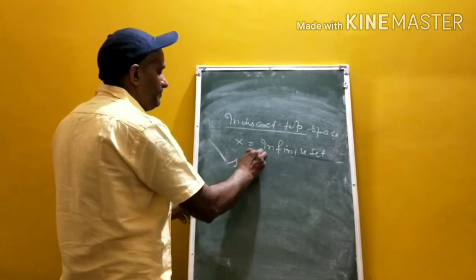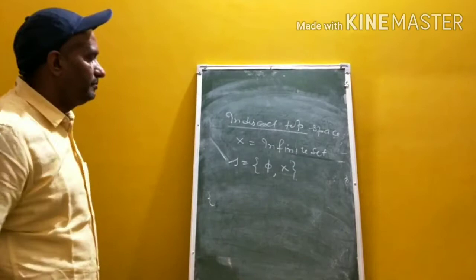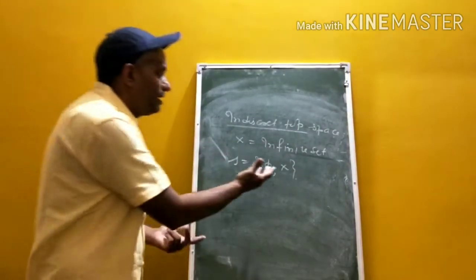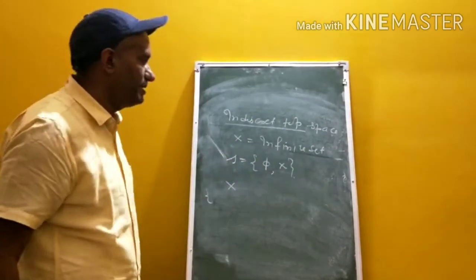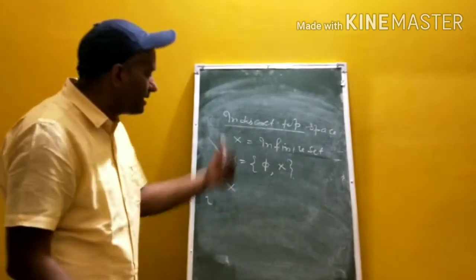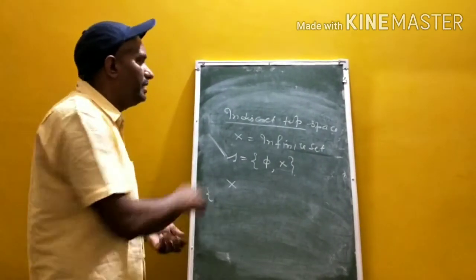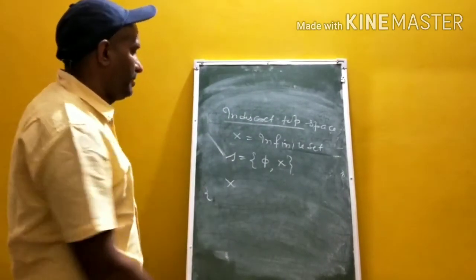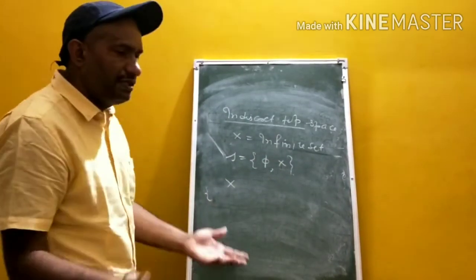Now take the topology phi and X. Now, we have only two open sets, phi and X. X is covered by only one open set, that is X, so it is a finite cover. So we say that an indiscrete topology is always compact, because X is covered by only one set, that is X itself.